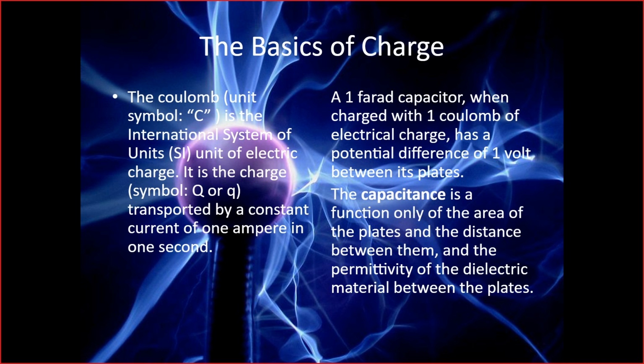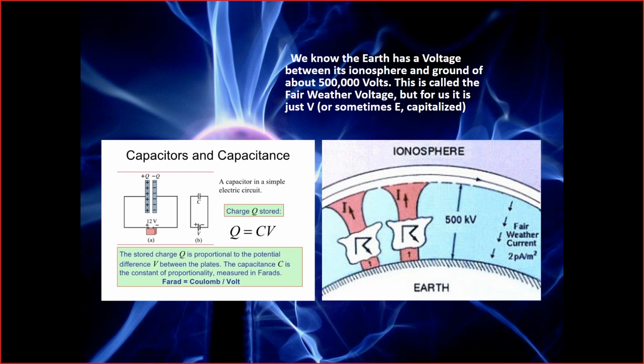To give you a relationship, you can see on the next page, a 1 farad capacitor charged with 1 coulomb of electrical charge has a potential difference of 1 volt between the plates. It's very simple to understand. We use this all the time when determining how much energy a capacitor can hold. And of course, the distance between the plates themselves and the size of the plates determine how much you can hold. So let's look at the Earth.